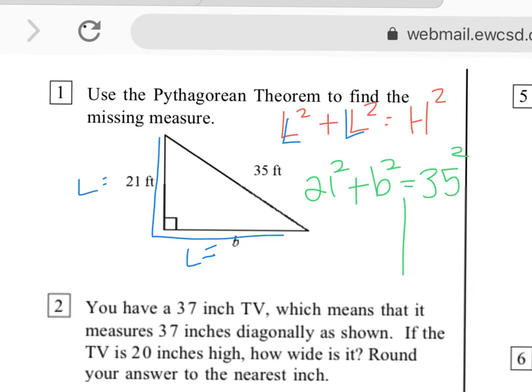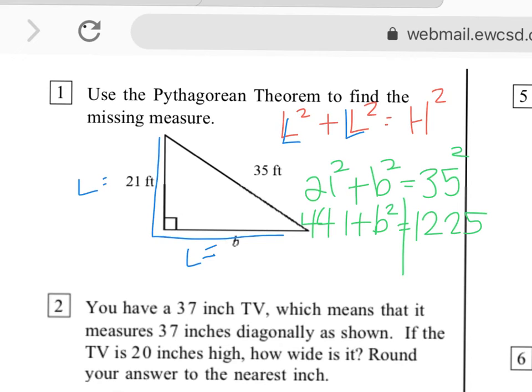If we solve this equation, we're going to have very big numbers, but we have to first square them, which 21 times 21 is 441, plus b squared equals, and 35 times 35 is 1225. Now at this point I'm going to ask you a question.